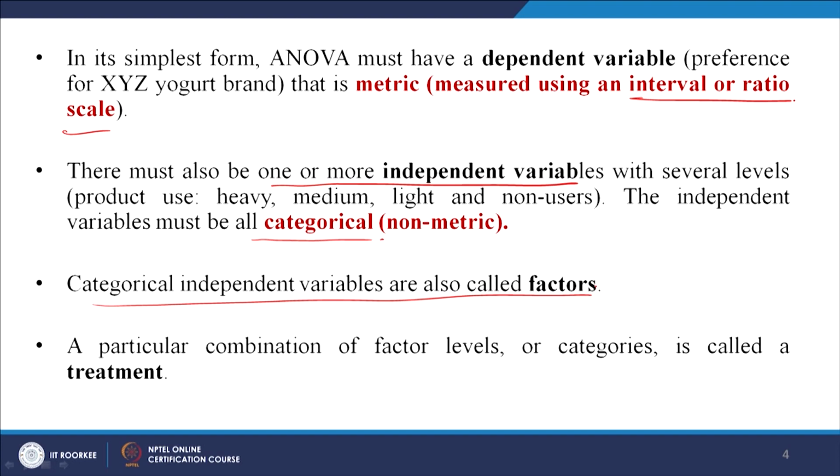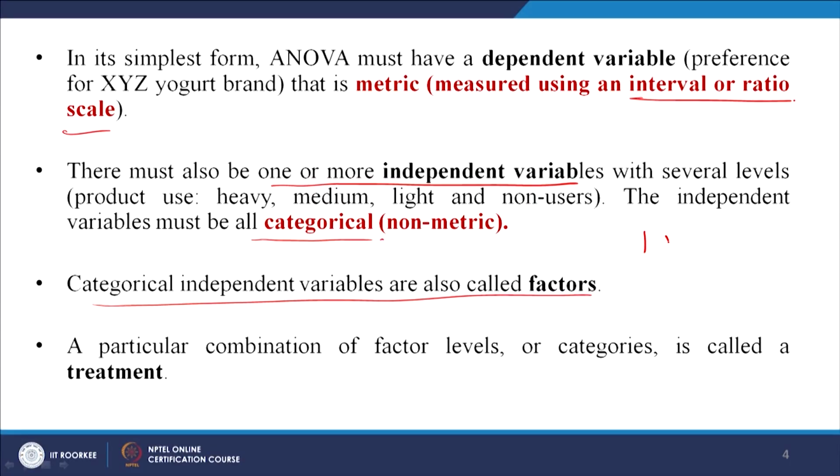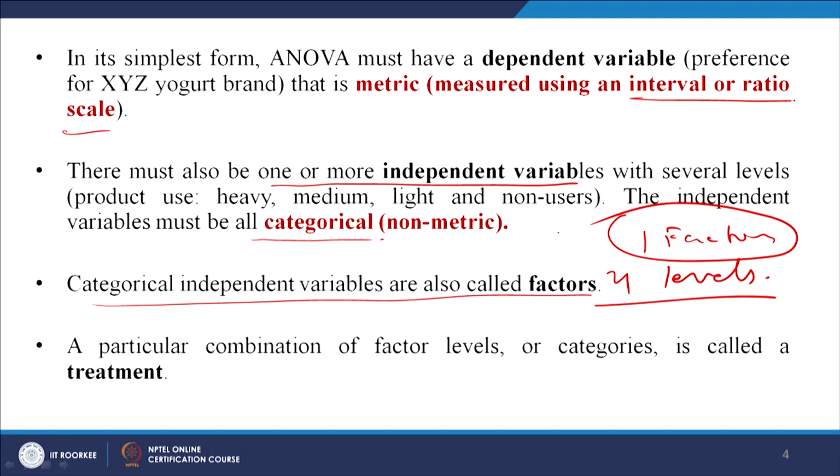Let us say in this case, you are only checking the user, right. Because it is only one thing that you are testing, that is the users' effect on the brand, only one factor is there which has 4 levels. So, that is why it is called a one way ANOVA.